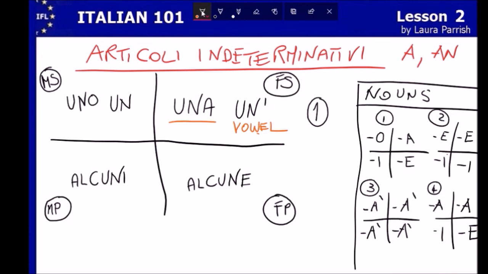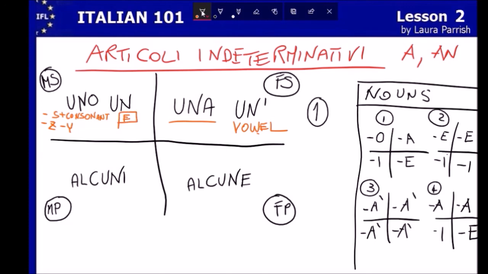Here we have uno, which is in front of masculine singular words starting with S plus consonant, masculine singular words starting with Z, masculine singular words starting with Y. And these go by exclusion. What does that mean, by exclusion?